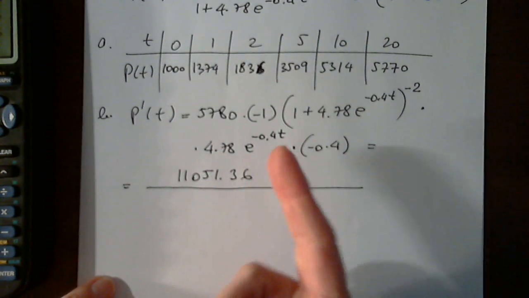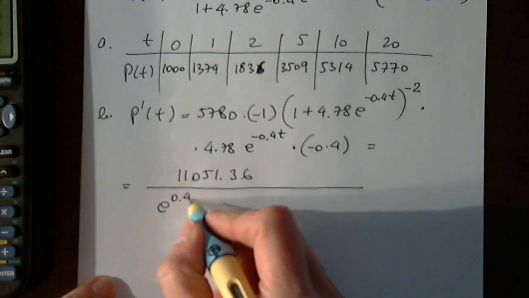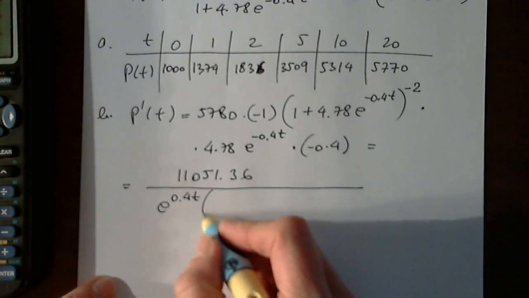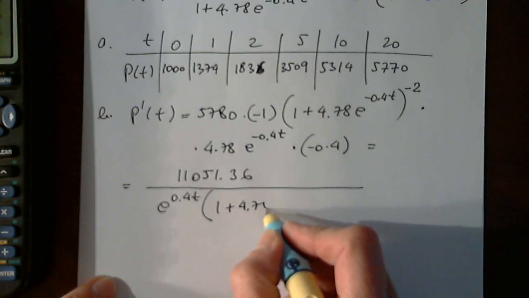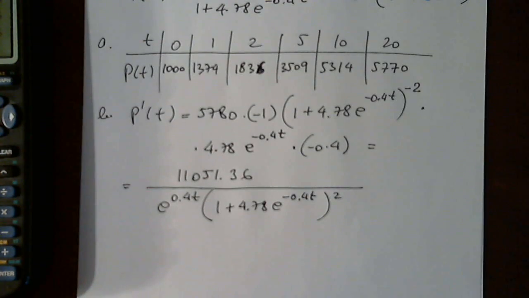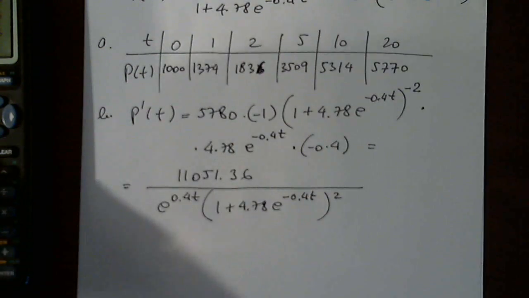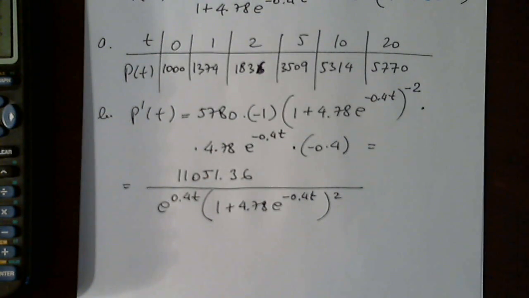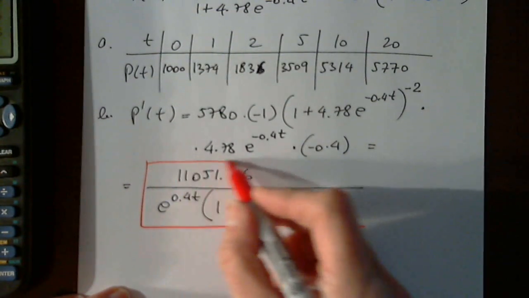Everything over. This goes to the denominator. This goes to the denominator. And this is P prime.